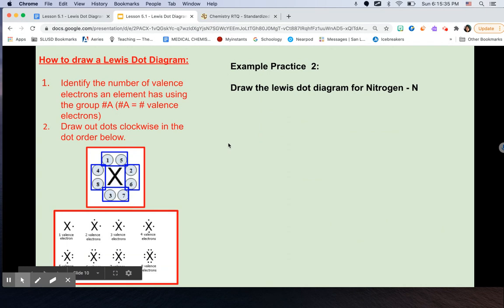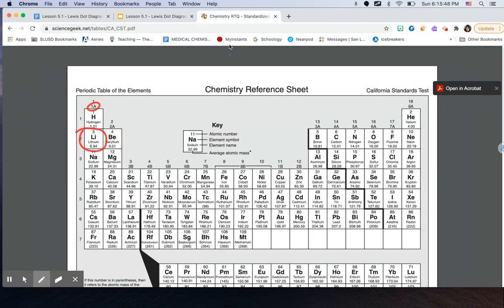So let's do a little bit of a trickier example, drawing the Lewis dot diagram for nitrogen, or N. And let me do that in purple. So same as before, I'm going to go to the periodic table, or this site right here. It'll usually be linked for you. And then I'm going to look for nitrogen.